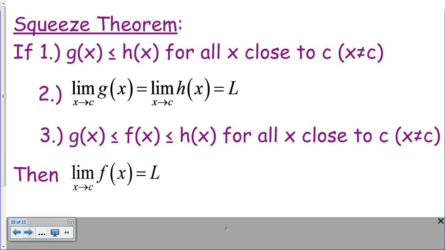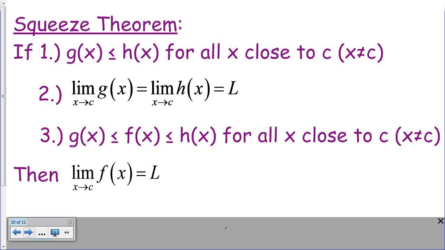The reason that we have squeeze theorem is if the function f of x is so complex that I don't have a method for finding what the limit is equal to, and I need another technique that I can use. That's what this theorem is for. And so what it relies on is my ability to come up with 2 other functions, g and h, whose limits I know, based on the second condition here, that I have to know their limits are both equal to L. And if I can show my function can be squeezed between those 2, then my function must have the same limit.